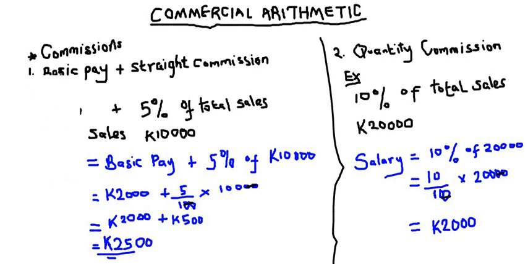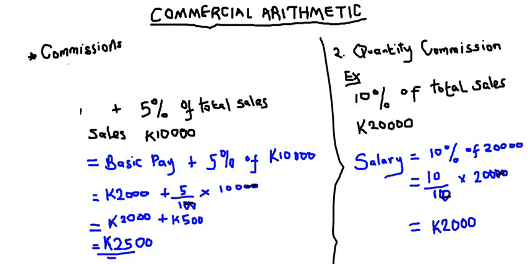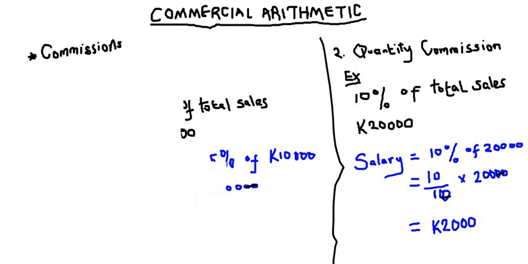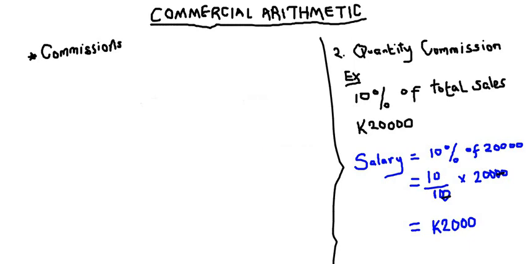All right. The third type of commission is sales quotas and bonuses. So that is another type of commission.